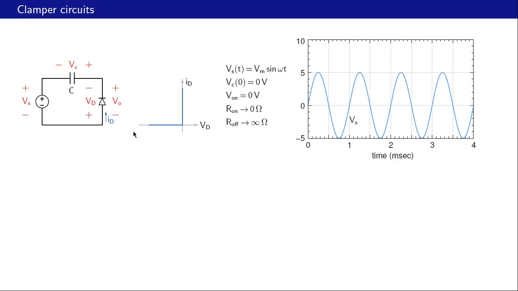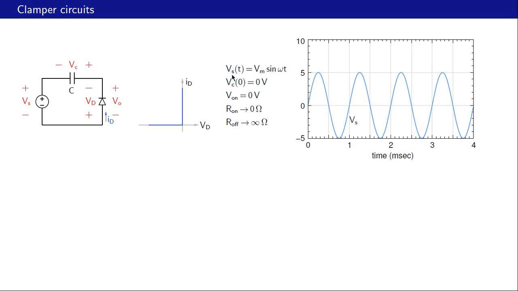Here is an implementation of the clamper circuit. Very simple, just a diode and a capacitor in series. And for simplicity, let us assume this ideal IV curve for the diode with V on equal to 0 volts, R on equal to 0, R off equal to infinity.